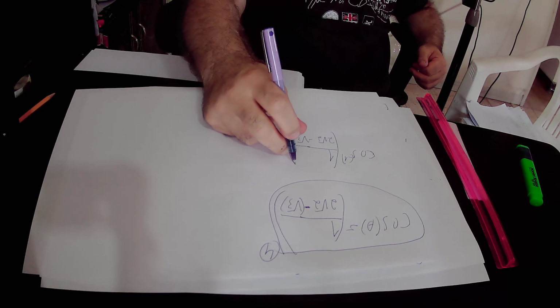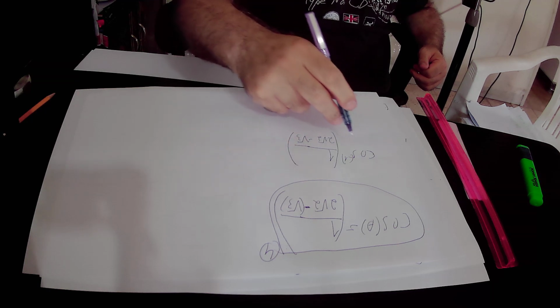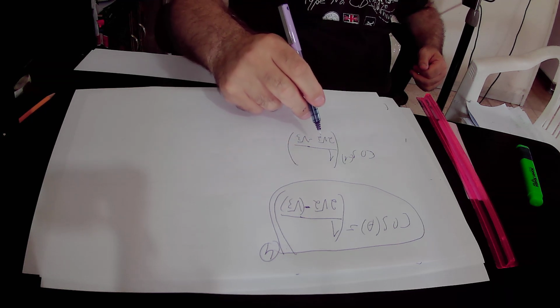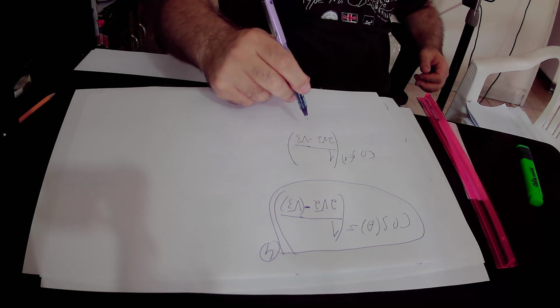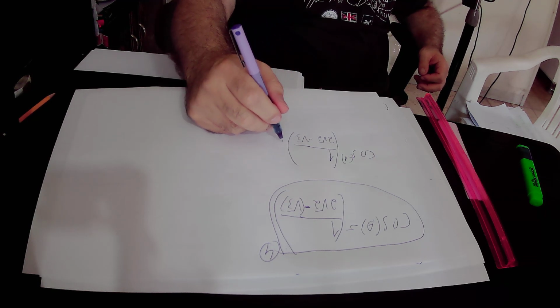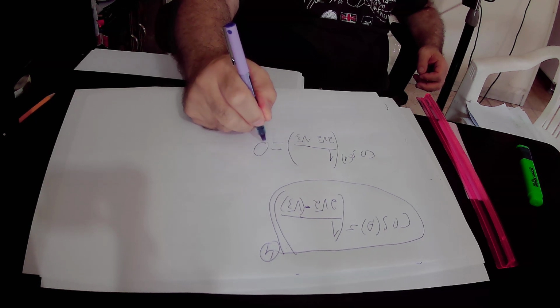When we apply the opposite function of cosine, that is cosine minus 1, on this number, 1 over 2 times square root of 2 minus square root of 3, we get the value of theta itself.